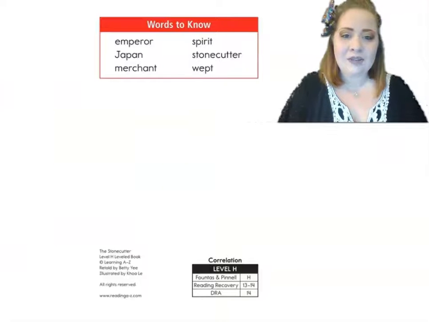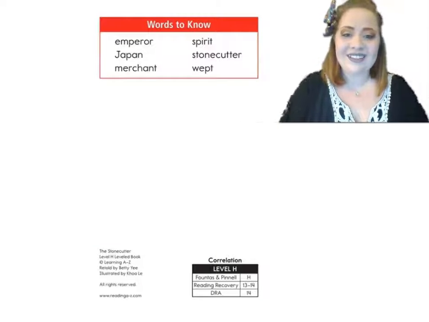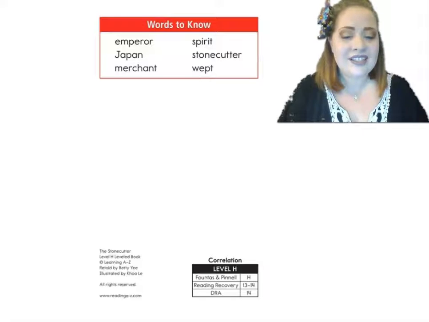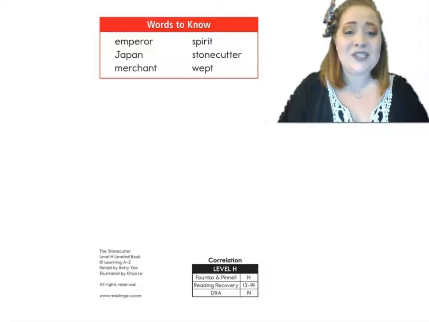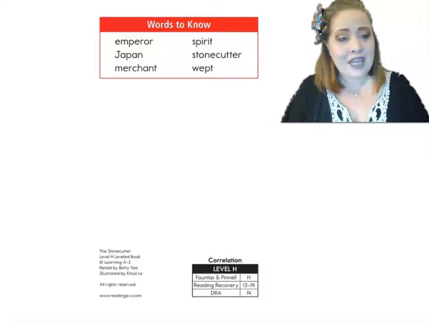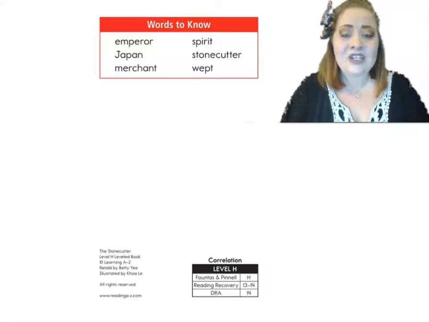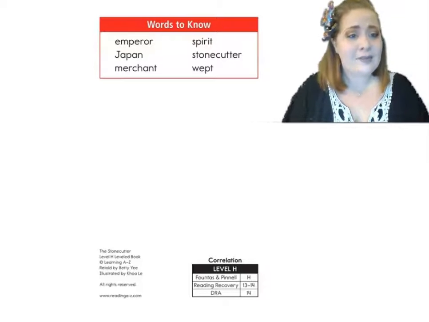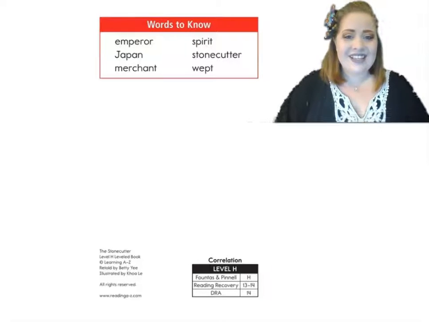Here are some of our vocabulary words: emperor, Japan, merchant, spirit, stonecutter, and wept. An emperor is a leader in Japan, like a king. Japan is a country. A merchant is a salesperson, someone who sells things.